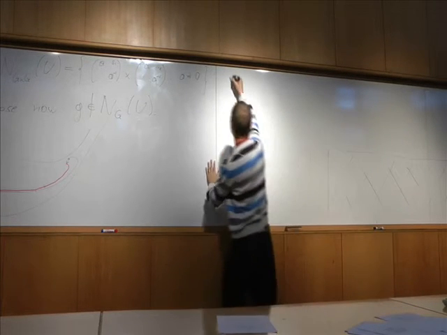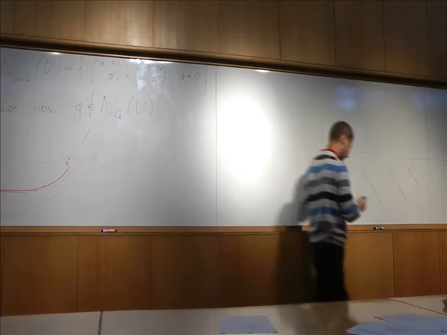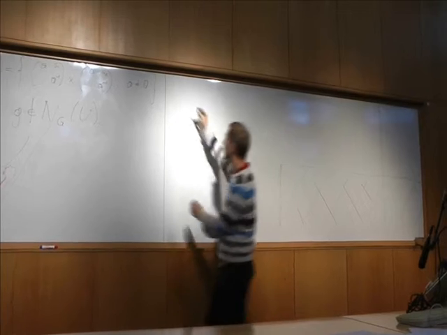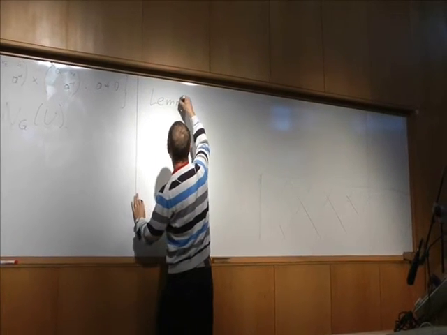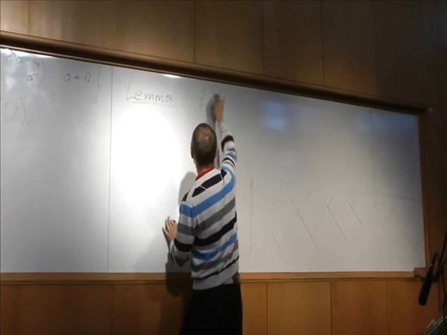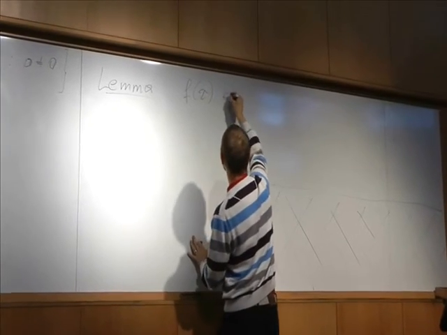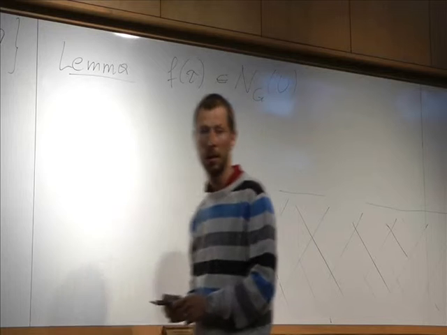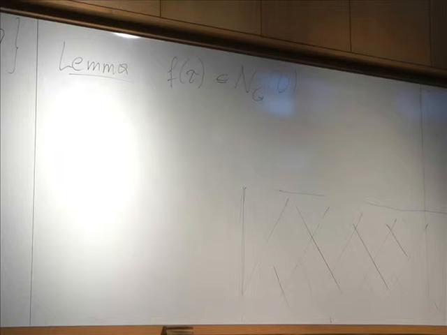Lemma. F of tau has values in the normalizer of U. And the proof is easy.